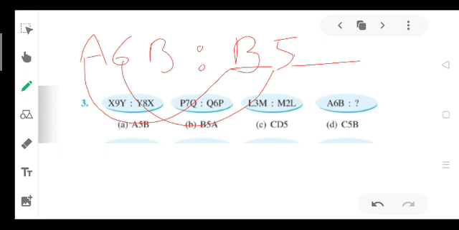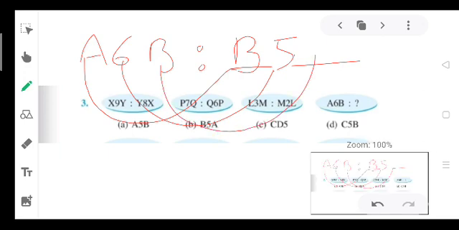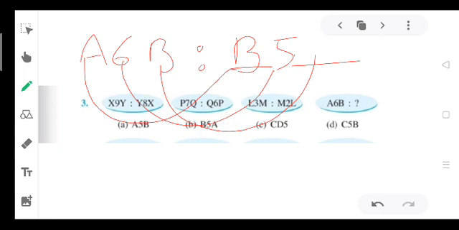And now the last letter given, and now we will write its before letter. So what comes before B? That is A. So what is our right option here? A5B, no. B5A, yes. B option is right.